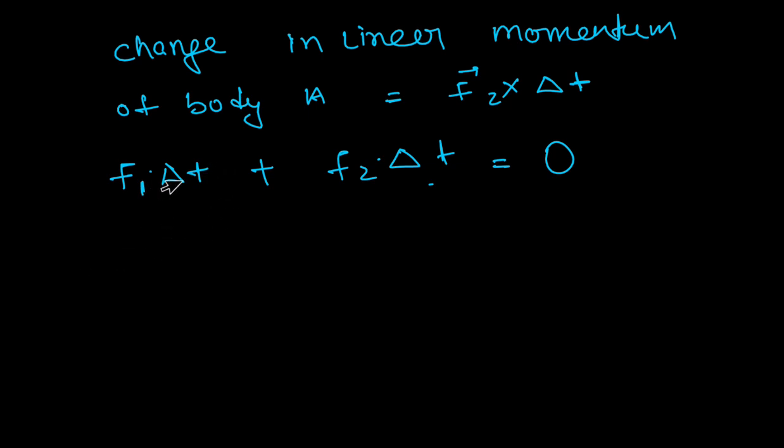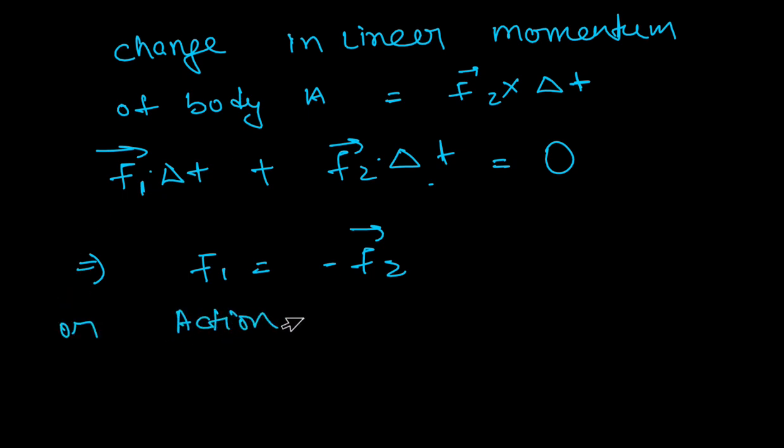From this, if we cancel out delta t, we can obtain F1 is equal to minus F2. Action force is equal to minus reaction force. So this is Newton's third law of motion. So from Newton's second law of motion we have also obtained Newton's third law of motion.